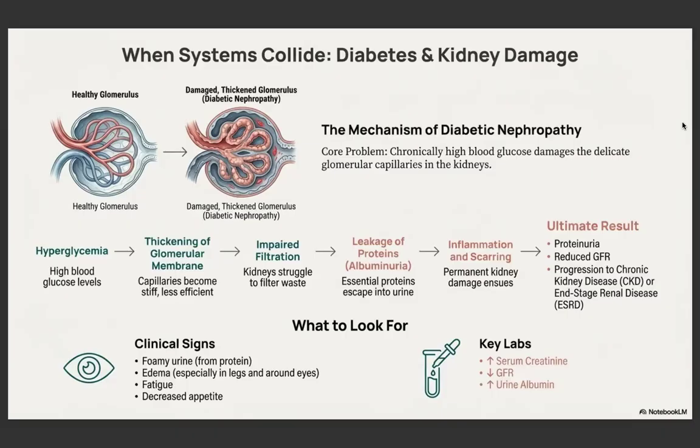Then after that, it's going to cause the leakage of protein, which then you get proteins in the urine. After you get protein in your urine, you're going to get inflammation and scarring, which then leads to permanent kidney damage like CKD. It's not just an AKI at this point. And then after that, you're going to get end-stage renal, CKD, and a reduced GFR, which goes with the CKD.